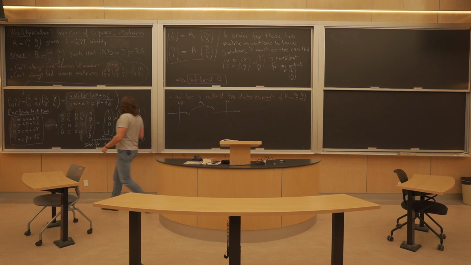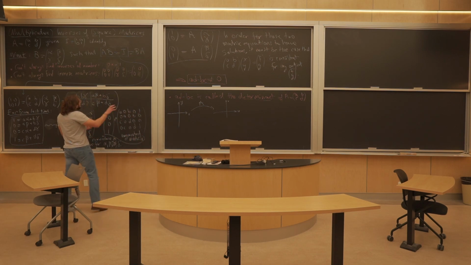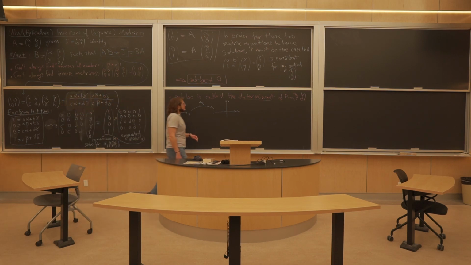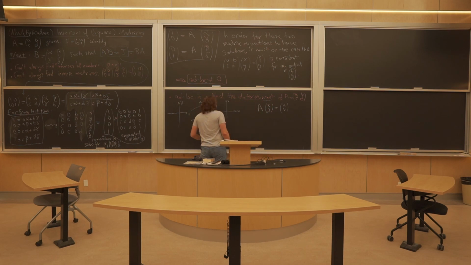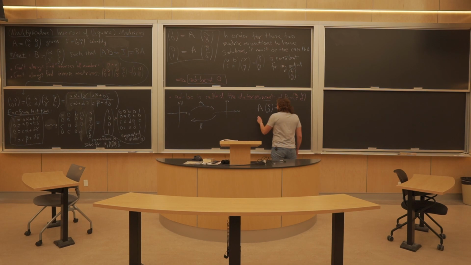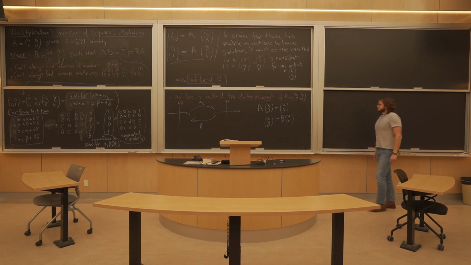Now, this equation, if I interpret it in terms of transformation, tells me the following. If A of xy is equal to uv, then in order for that equation to hold, if I apply B to uv, I should get back xy.